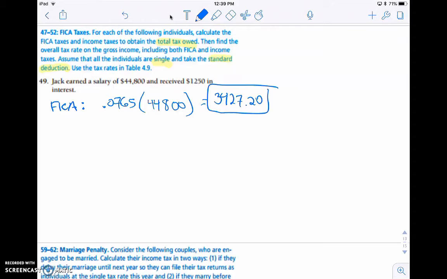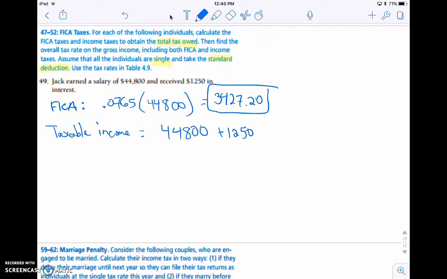Okay, next we need to find the taxable income before we can calculate the taxes. So the taxable income is our adjusted gross income. That's found by doing 44,800 plus 1,250, because those are earnings and interest.